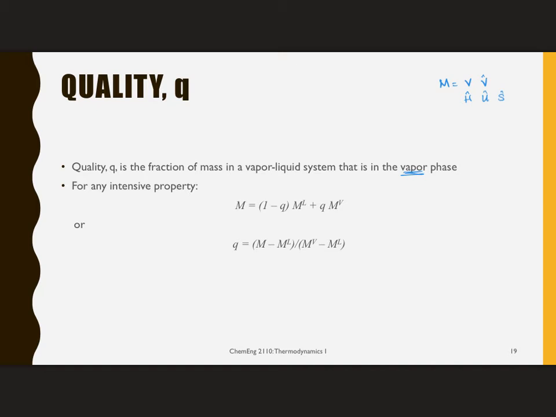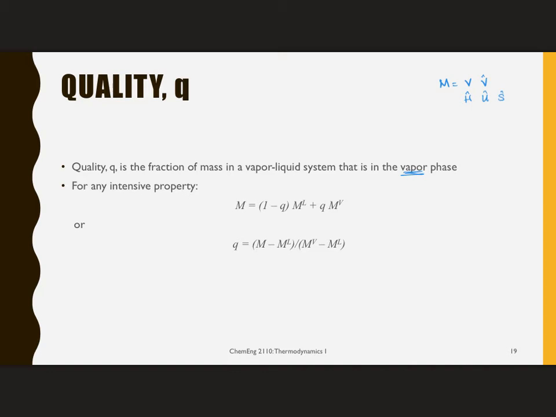For one of our properties that is in the table, I could use any of these with the same definition, all right? And so this is great. It just says the amount that's in the liquid phase times the property value of the saturated liquid plus the amount that's in the vapor phase times the amount of that quantity for the saturated vapor.